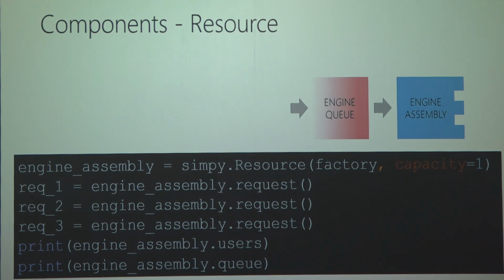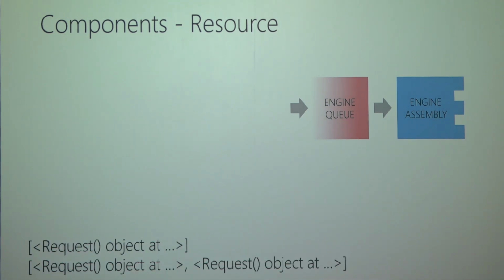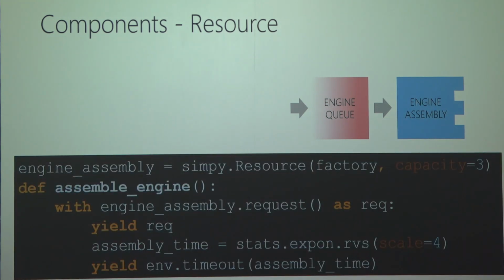We can ask, okay, what is the current user list? What is the current queue list? And then you can see there are some requests here. And there's 1 in the user list because we only had capacity 1, and 2 in the queue. And this is basically the minimal viable product for this assembly line that we have here.